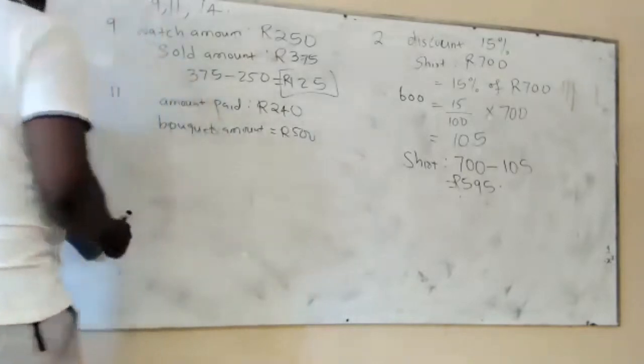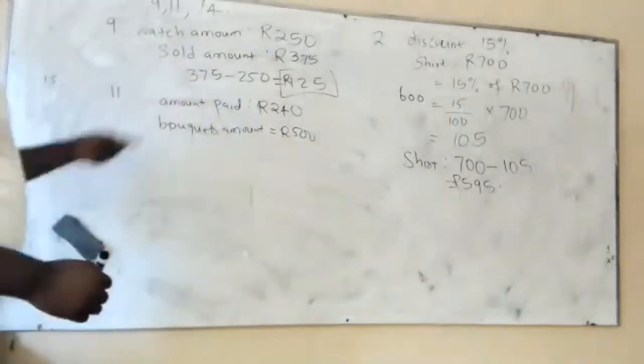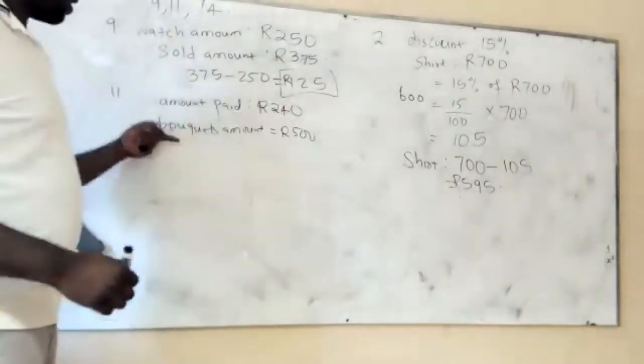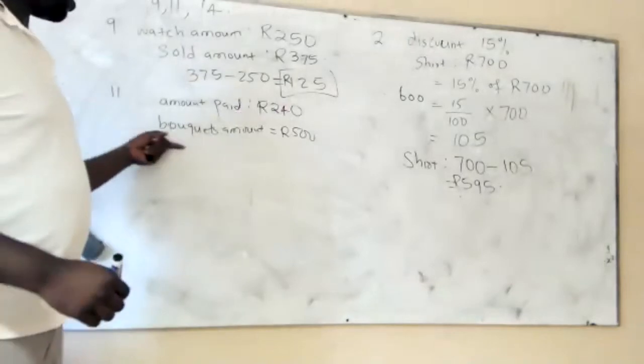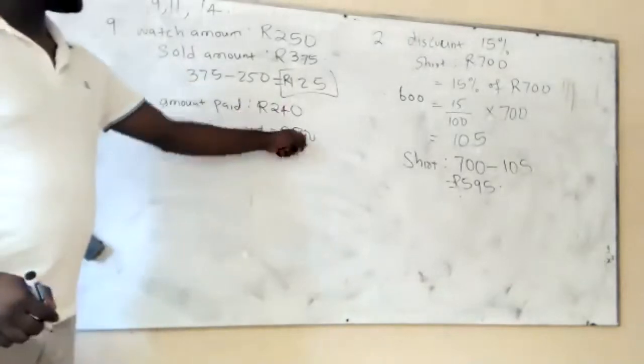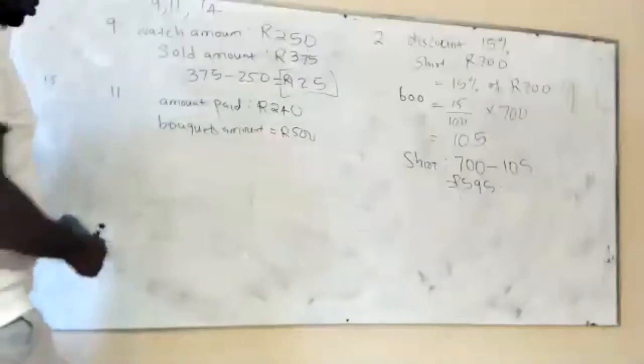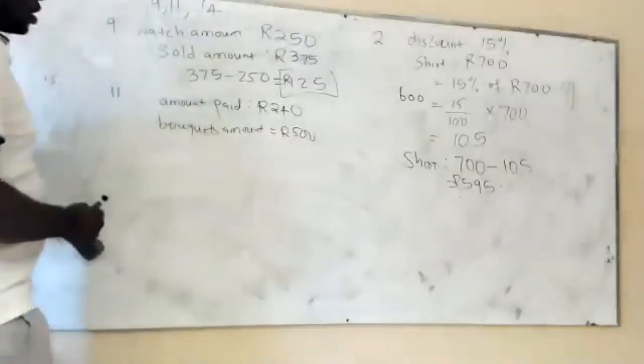How much profit did she make? So this person paid 240, and then when selling the bouquets, is now selling for 500. So how are we going to calculate the profit for that one?